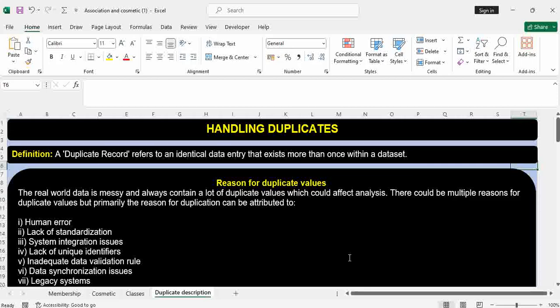But within these classes, we are going to deal with the simple duplicate that you think of: the duplicate where the names are similar, or maybe customer IDs or product IDs are similar. Those are the ones that we are dealing with.